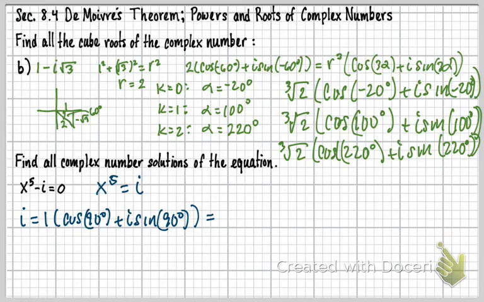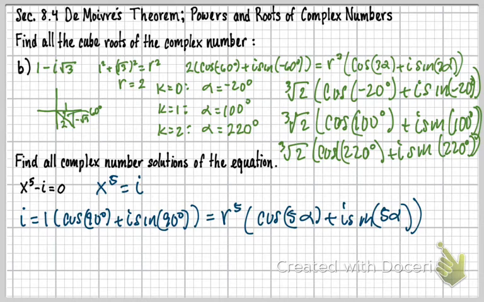So now I know that this has to equal r to the 5th cosine 5 alpha plus i sine 5 alpha.